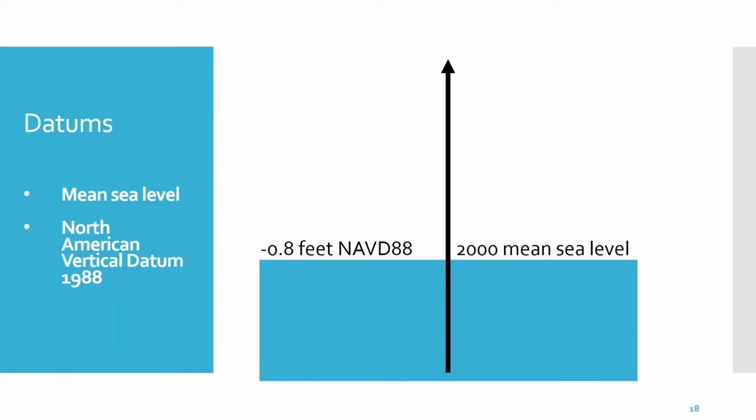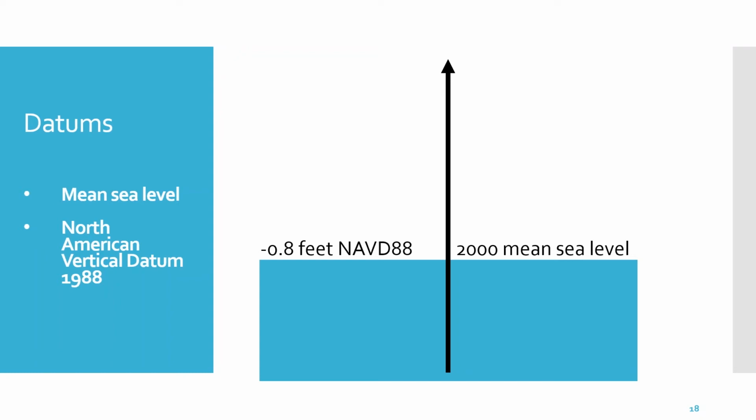Mean sea level represents the local mid-tide for a certain time period. It's much simpler to tell a builder to build at minus 0.8 feet NAVD 88, a fixed elevation point, rather than asking him to measure from the midpoint between the high and low tide as it occurred approximately in year 2000, or actually the average between the 1991 and 2010 sea level period.